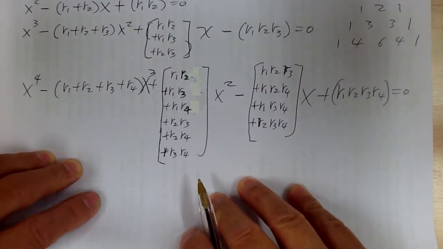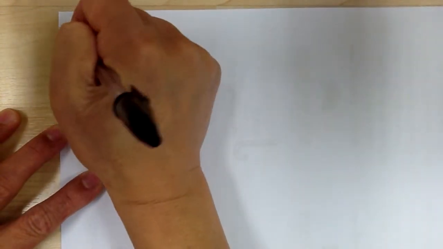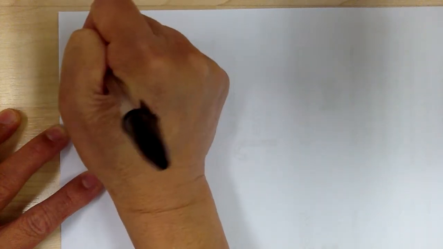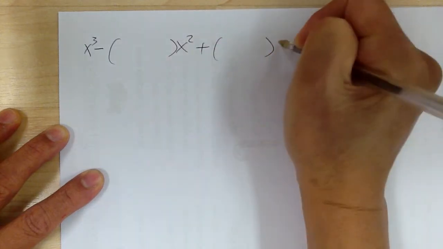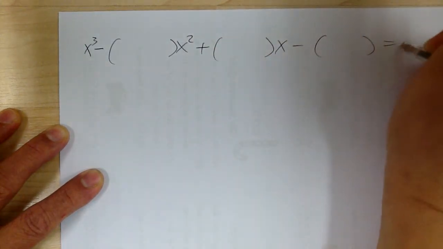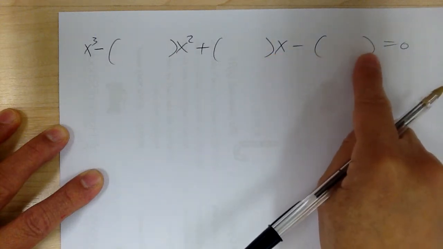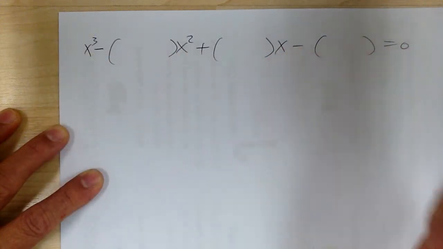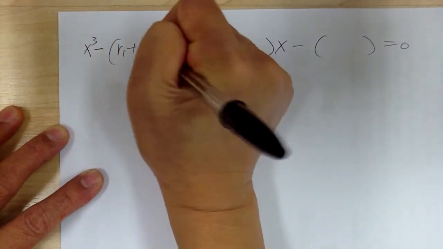Okay, so the one you're probably going to come across a lot is the cube. So let's do the cube again. You start with x cubed, plus minus x squared plus x minus, so x cubed, x squared, x, and the 0 power. After that, you take one at a time, so R1 plus R2 plus R3.